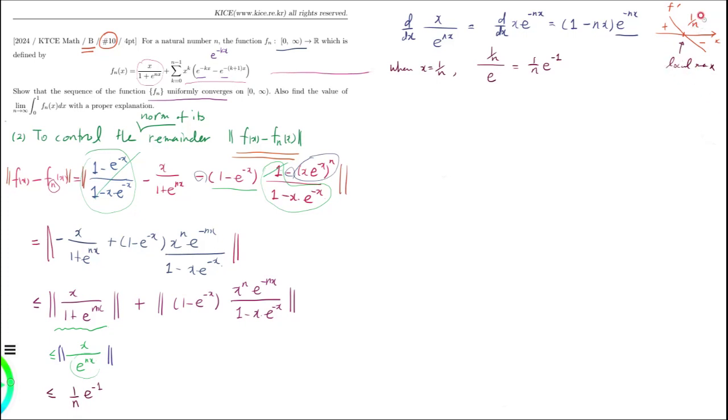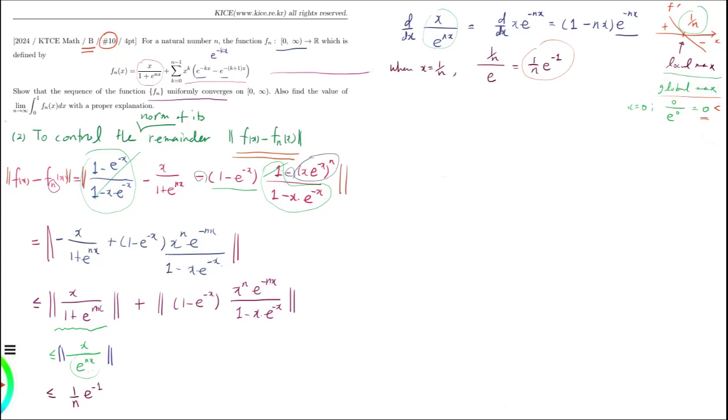Because when x is 1 over n, this is not only a local maximum but also a global maximum, because for the case of x equals 0, this value is 0 over e to the 0, which is 0. So the boundary value is 0, which is less than this value, okay?